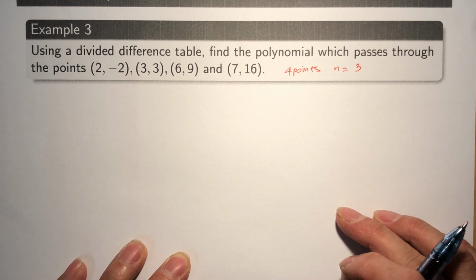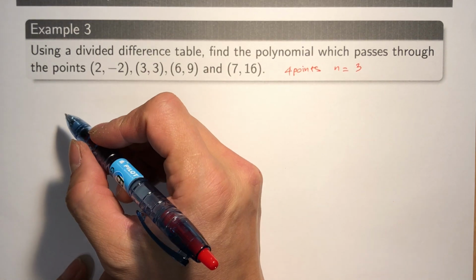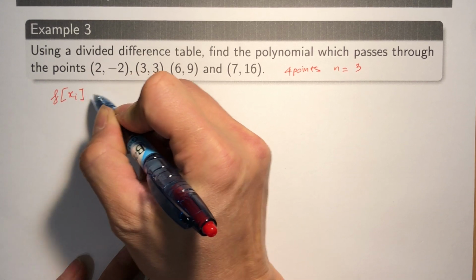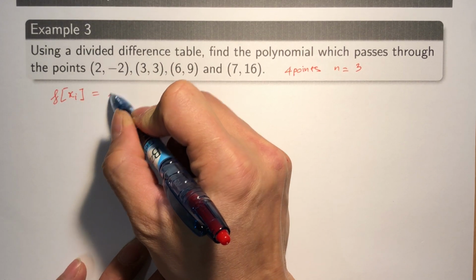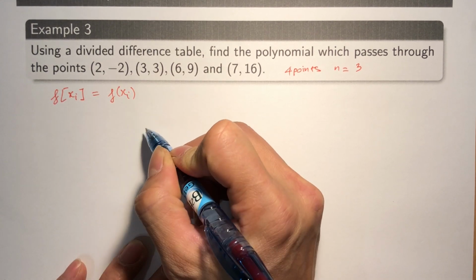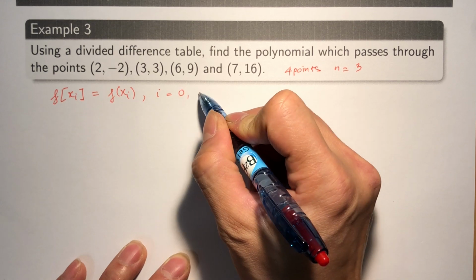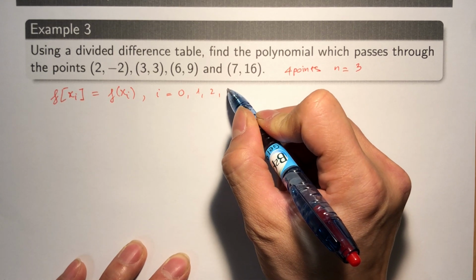So based on the table, we know that f of xi equals fi for i equals 0, 1, 2, and 3.